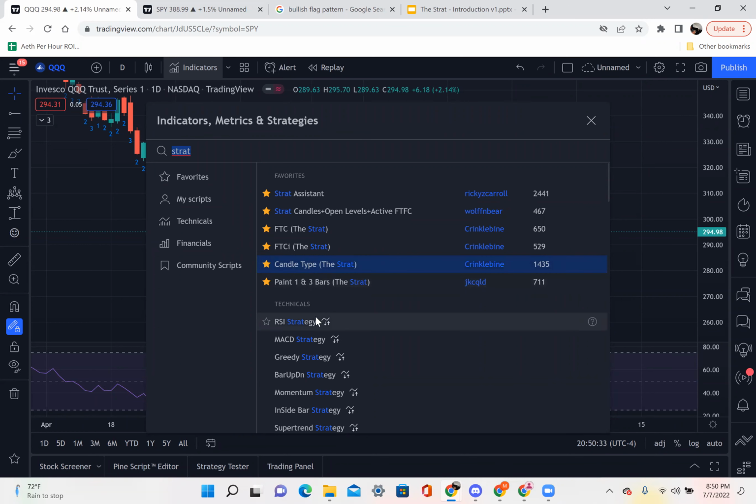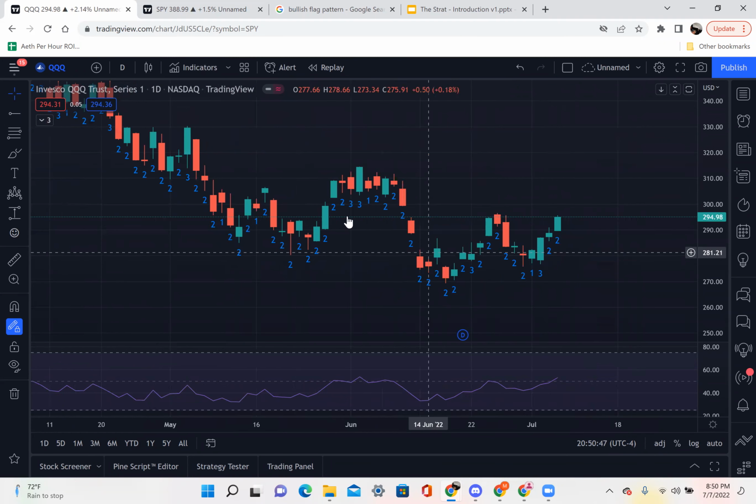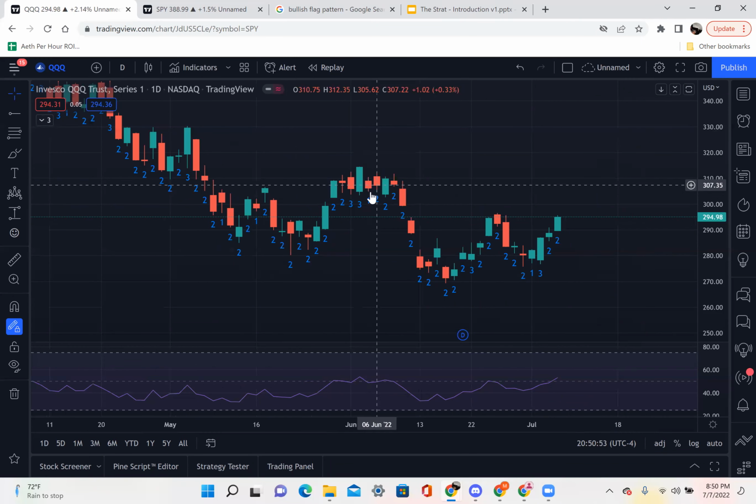You'll just click it one time, just like I just clicked it right there. Also, you can highlight them and make them your favorite, so they could be in your favorites. So now this one is turned on. As you see, this one's in blue. You have your 2 ups, your 3 bars, your inside bar that's consolidating, your 2 bar that failed.